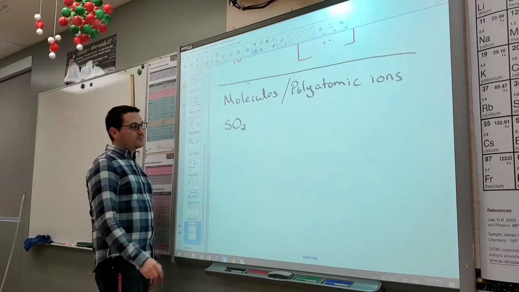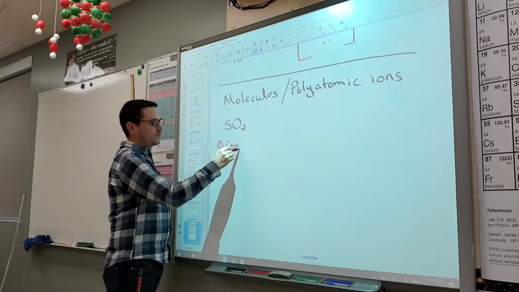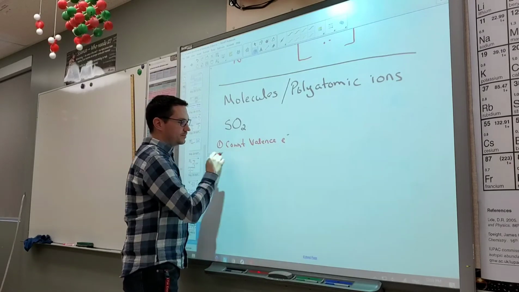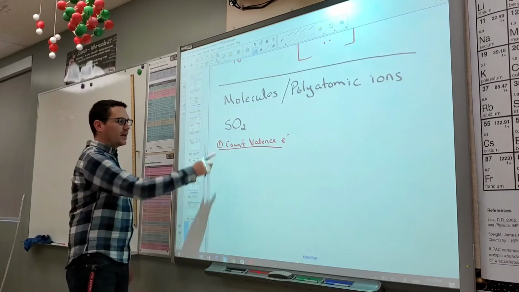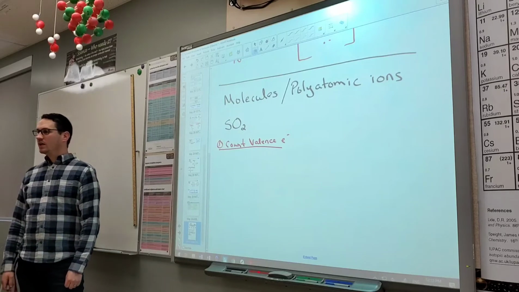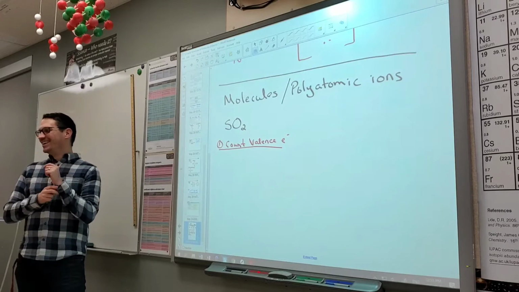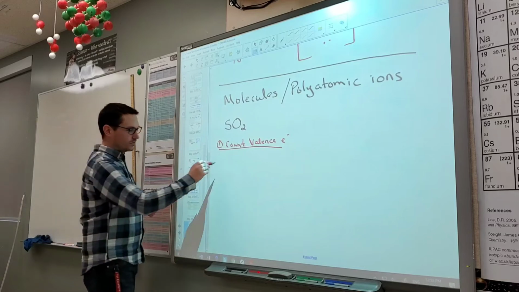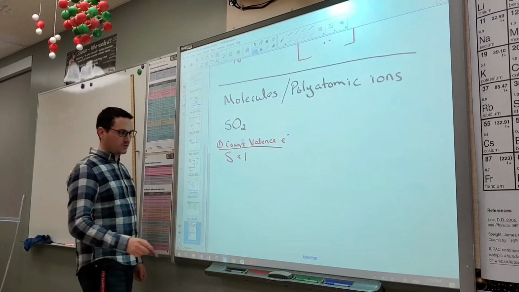So your peripheral vision is the outside, these peripheral atoms. And then we had to add some electrons here or there, and we had to backfill if we needed to. Do you remember anything about that? Ooh, it's pretty washy. Okay, that's all right. First thing we want to do is count all the valence electrons. How many valence electrons are there going to be in SO2? How many S's are here? There's one S. How many oxygens are here?